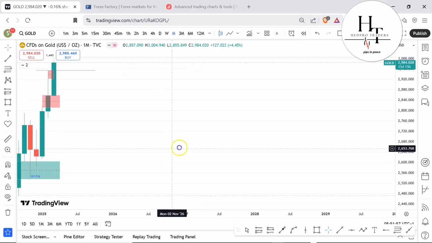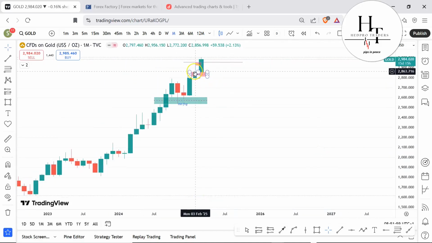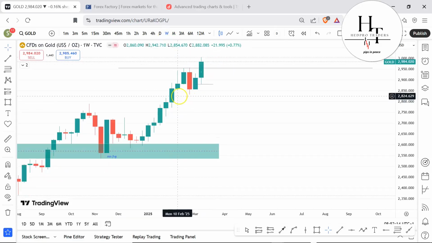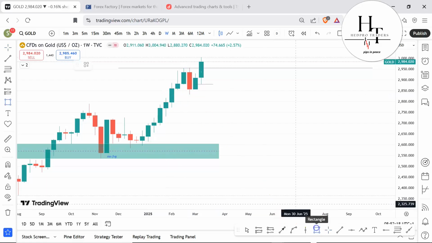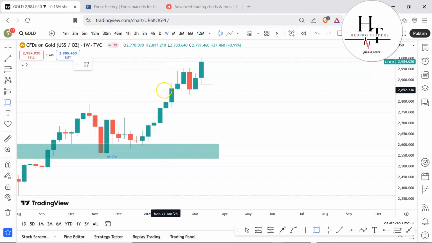I noted that price will trade into it. Let me get this on the chart. So look at the previous candle on the monthly time frame. This candle, right? Look at the high. Simply brought it out and I went to my weekly time frame to see how this fair value gap here held price.